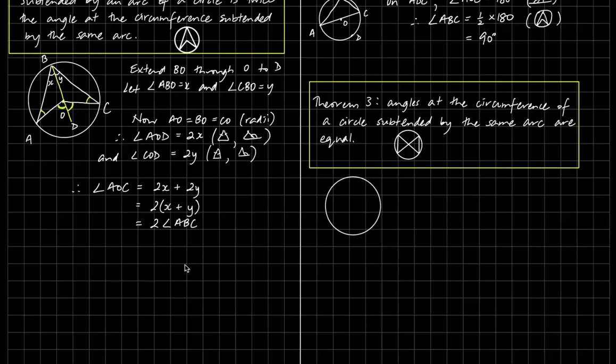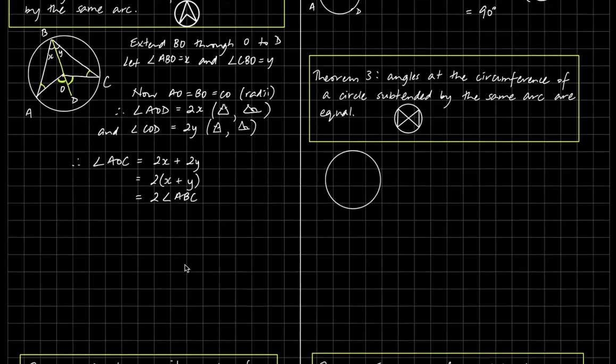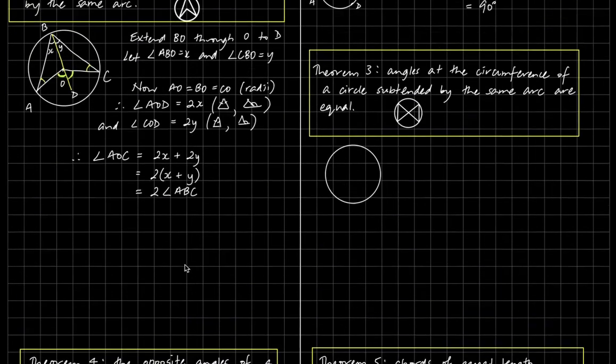Let's get ourselves a proof on that one. So let's set up a situation here where we've got an arc, and we'll make this that point B and point C there.